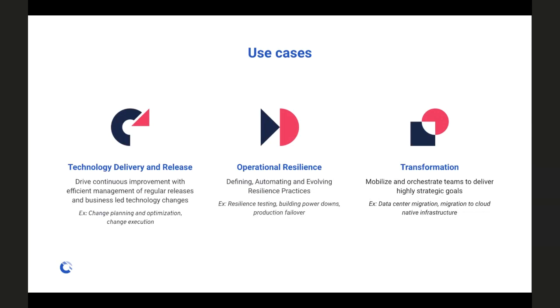An example for transformation is, for instance, JPMC, who use us for a data center migration project they're currently running. The scope of the project is really to move from, I believe it was 14 data centers down to 4. And they had to migrate approximately 2,400 applications.